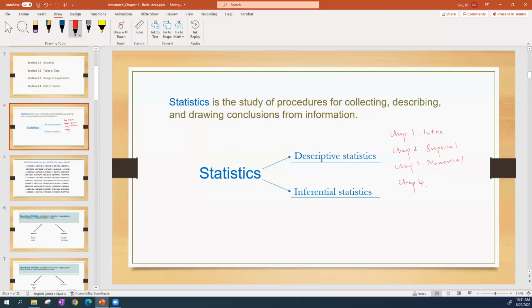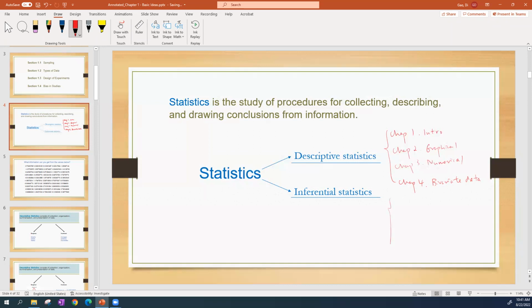In chapter 4, we want to describe bivariate data. So these 4 chapters are about descriptive statistics.